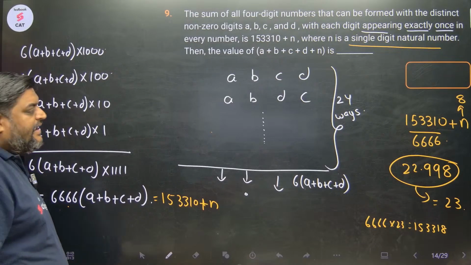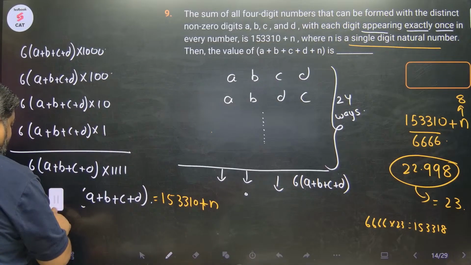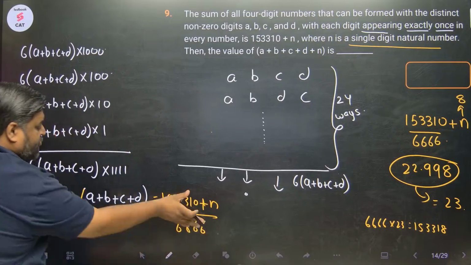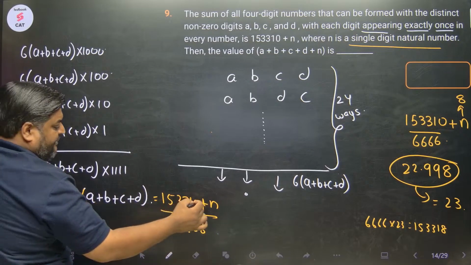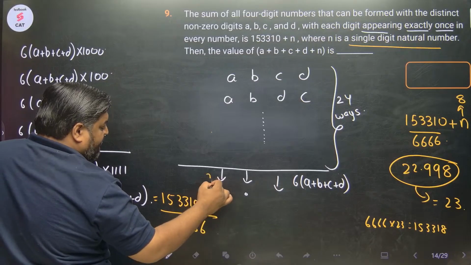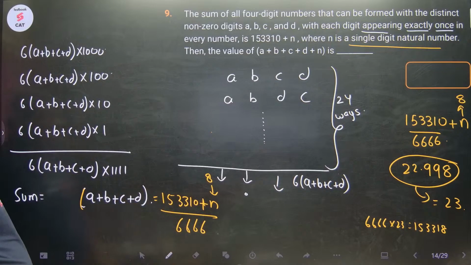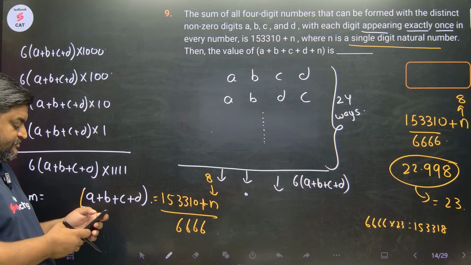अगर n को मैंने 8 पुट कर दिया, क्योंकि ये इंटीजर होना चाहिए, राइट? इसको अगर इधर से लेकर आ गए हम लेफ्ट हैंड साइड में, I want this to be an integer, क्योंकि ये इंटीजर का सम है. So if I put n as 8, so this is 23. Am I clear with this? चलो.